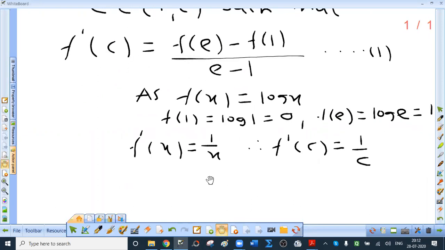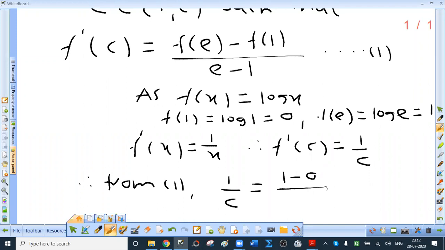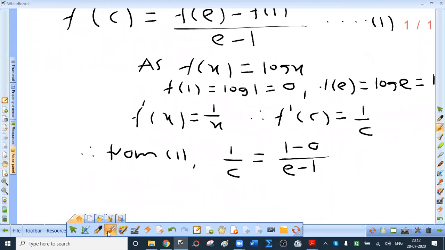So after that, I will write, therefore, from 1, tell me what you get. 1 upon c is nothing but 1 minus 0 divided by e minus 1. So tell me, what is the value of c? Therefore, c is nothing but e minus 1.